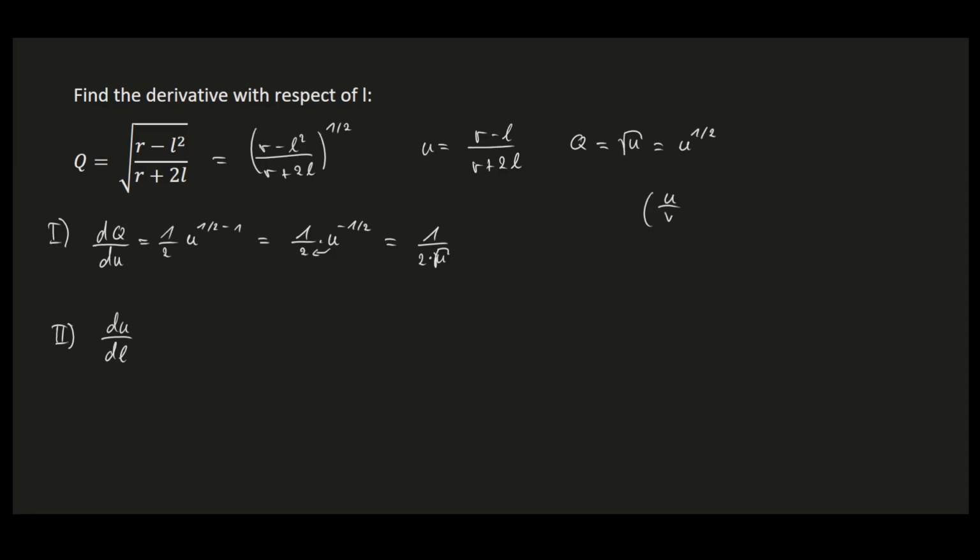It's u over v, and differentiating this, we differentiate the numerator and write the denominator, minus, we write the numerator and find the derivative of the denominator, over the denominator squared. This is the quotient rule.